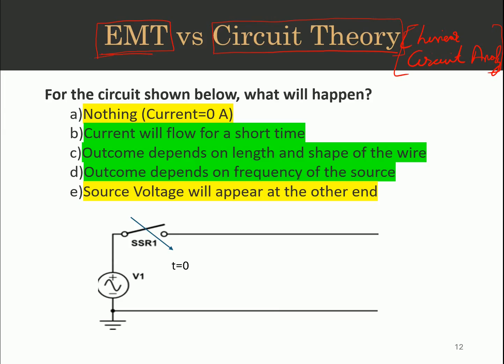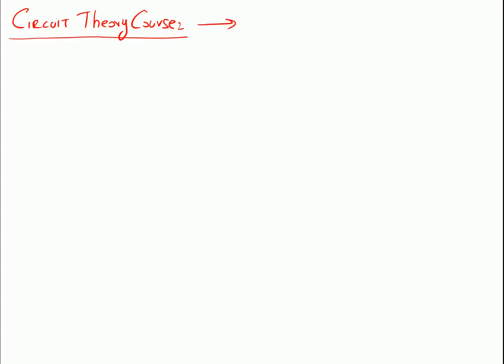So before we look into this example, we need to understand what we studied in the previous circuit analysis course. So in the circuit theory course, if you remember, we said that the circuit theory course is an extraction or a specialized version of the electromagnetic fields theory course.